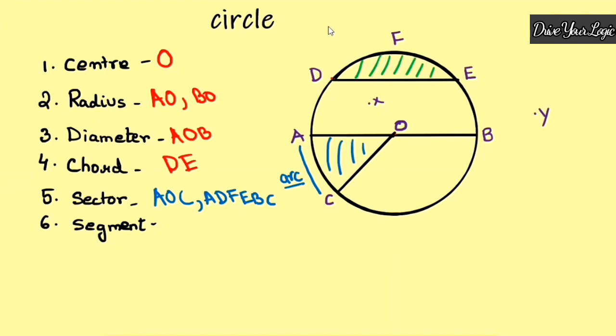So what is a segment? DE, a chord, makes a segment called DFE. So that is the segment. We can write DFE. So this is a minor segment. And what will be our major segment? The rest of it. That is B, A, C, B, E. The rest of it will be our major segment.